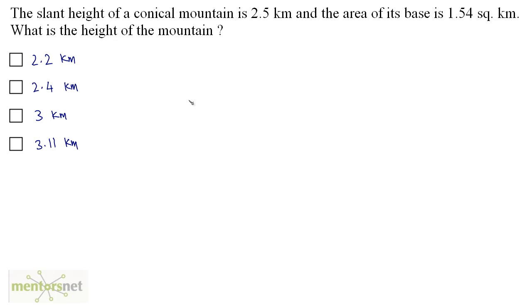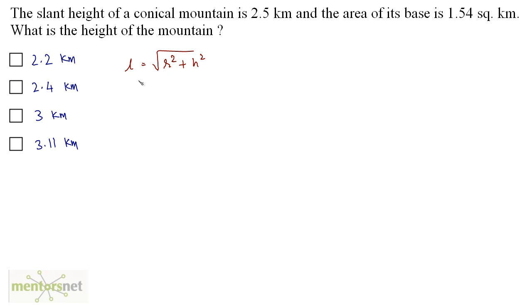The slant height of a conical mountain is 2.5 kilometers and the area of its base is 1.54 square kilometers. What is the height of the mountain? Well, the slant height of any cone is equal to the under root of its radius square plus its vertical height square.